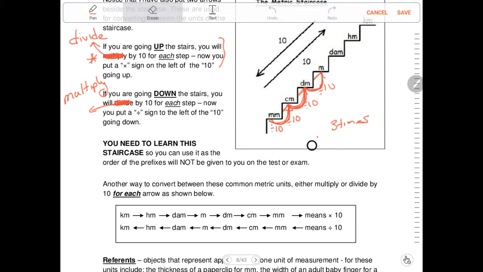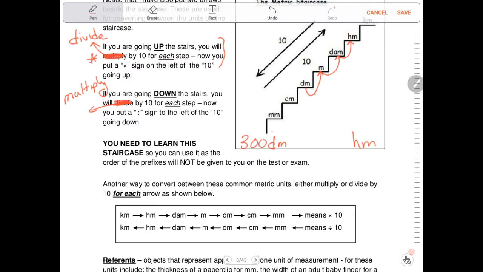So I'll just do one more for you here. Let me just erase that. Let's pretend we started with 300 decimeters, and we want hectometers. Okay, so you can refer to this. So let's see, we were going up. So we're going from, let's see, that's 1, that's 2, that's 3.